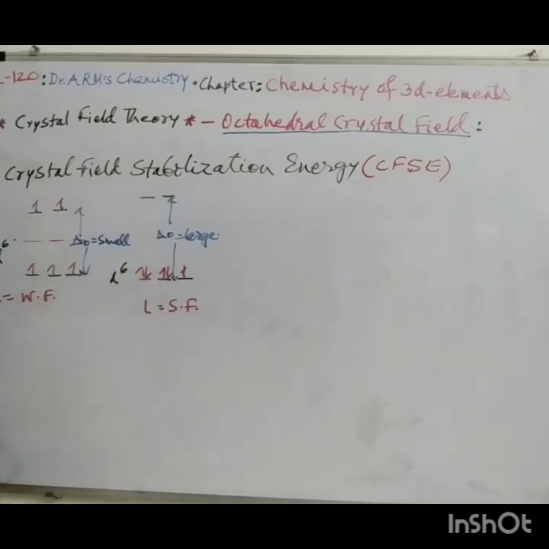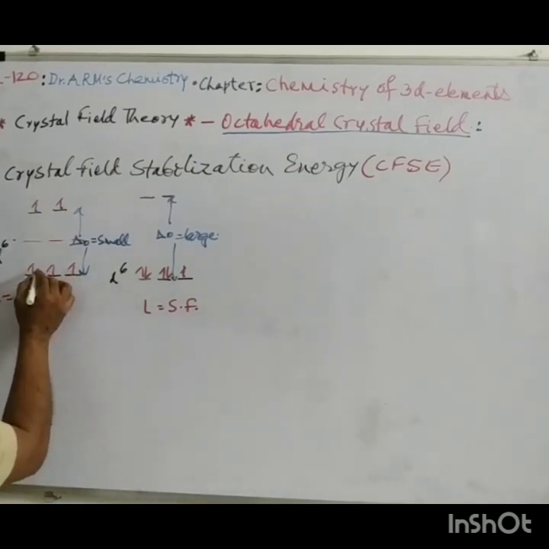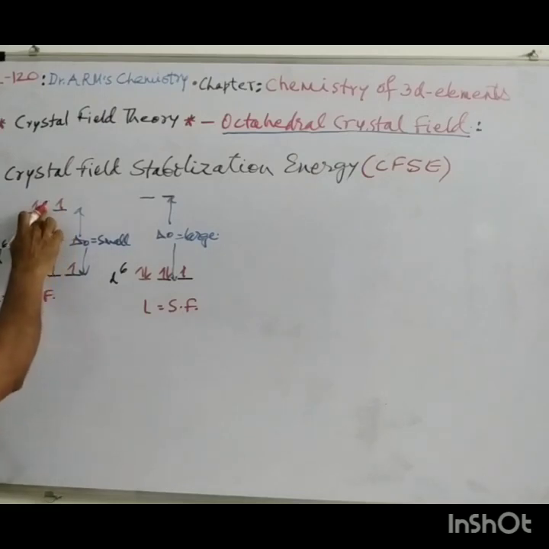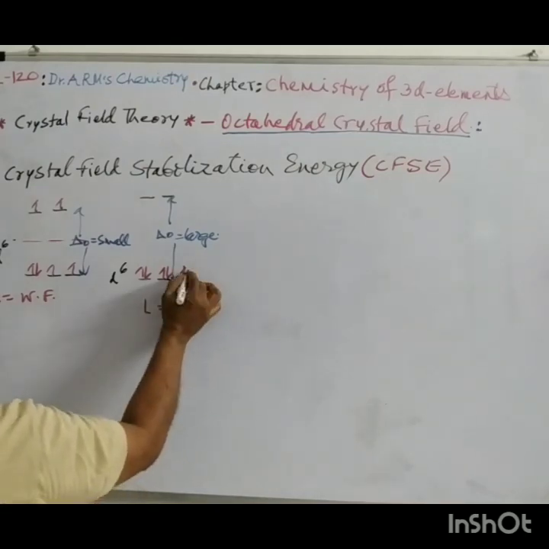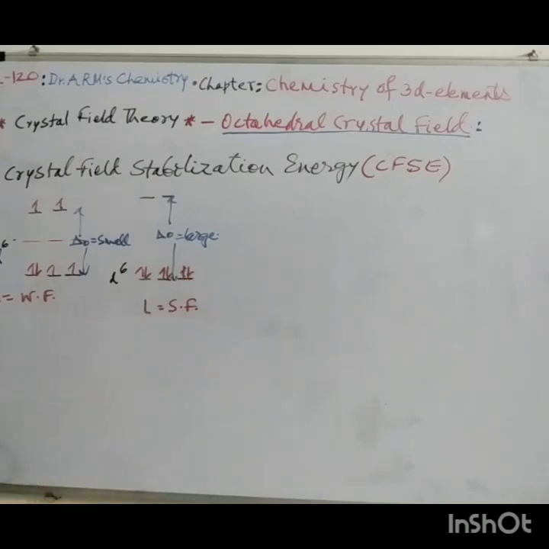Here you will find that the 6th electron will not go into the higher orbitals. It will come into the lower energy t2g orbitals. In this case, you will find that the 6th electron will enter into this. So here the ligands are weak field, and there the ligands are strong field.